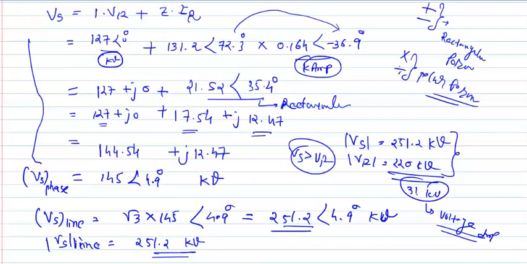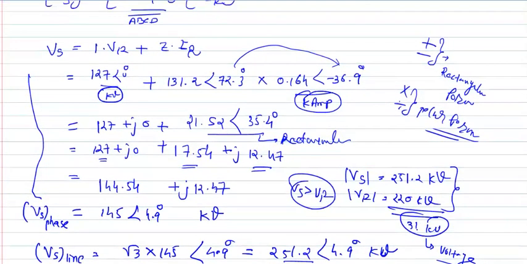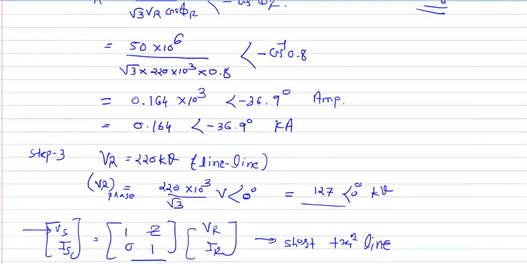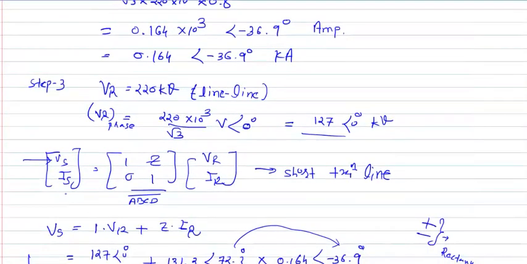Now what is our next step? We have calculated Vs. Now we will use the second equation, that is Is. So how can I calculate Is? Is equals 0 into Vr plus 1 into IR.